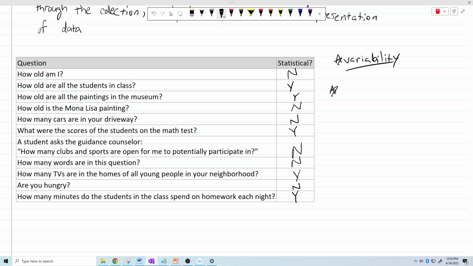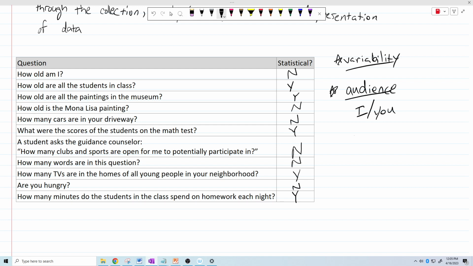Look for keywords that indicate audience. If the question is about I or you, it's probably not a statistical question, right? I can only answer things in one way. You can only answer things in one way, whether it's height, shoe size, whatever.